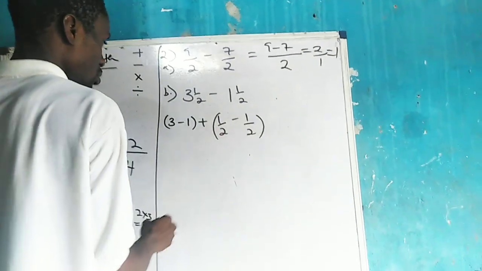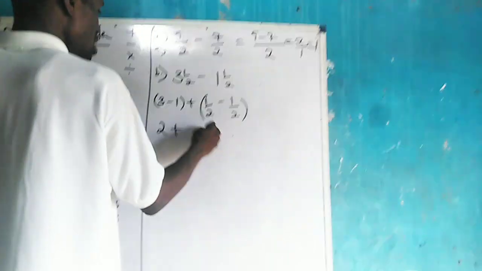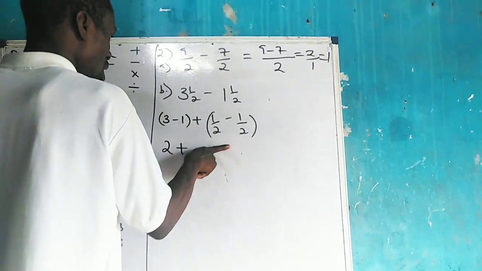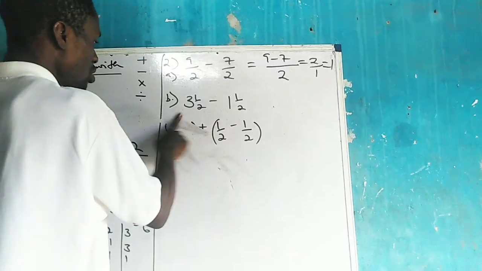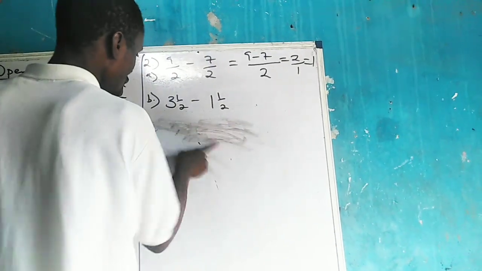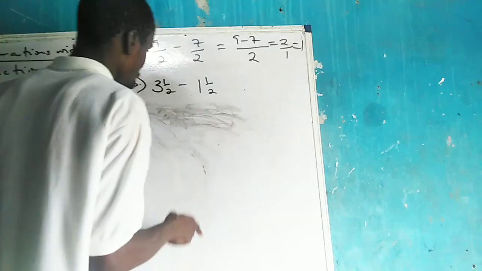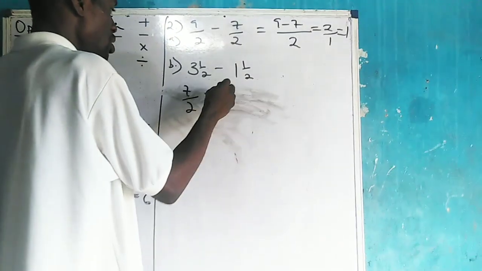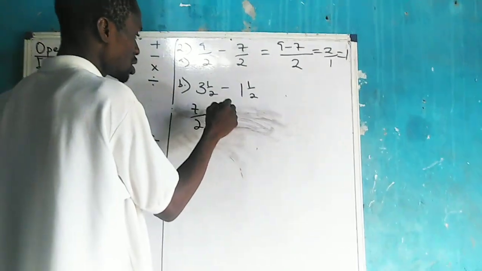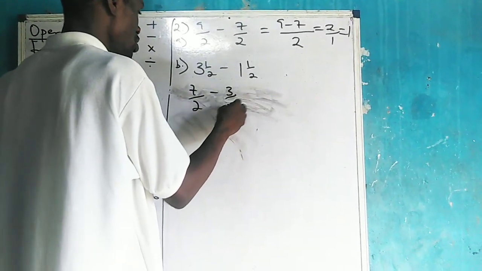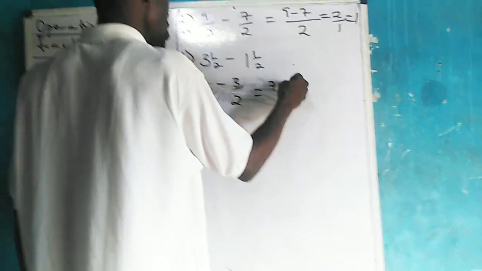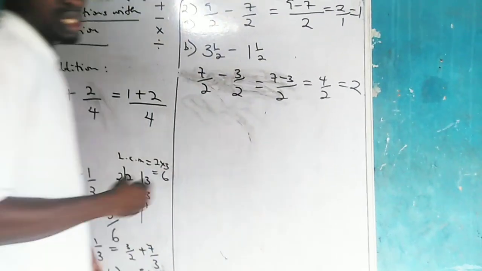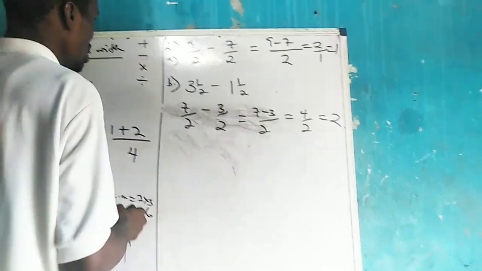Okay, I think this method will not work here. So what I'll simply do is 3 times 2, 6 plus 1, 7. That's 7/2. 1 times 2 is 2 plus 1, 3, that's 3/2. That's 7 minus 3 all over 2, which is 4/2, and that is now 2. Are we seeing it? Alright, this is for subtraction.